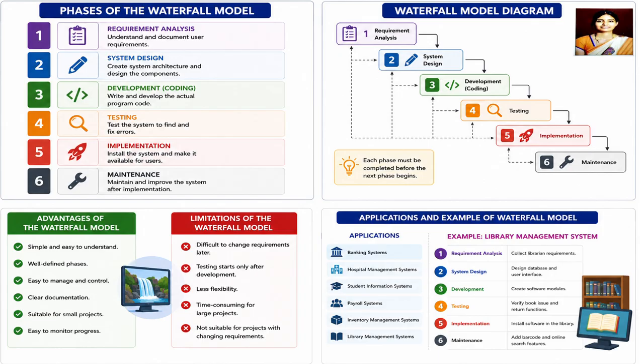Once one phase is completed, the project moves to the next phase. So what are the phases in the waterfall model? First is requirement analysis, next is system design, next development, that is, coding, next testing, next implementation, and then maintenance.